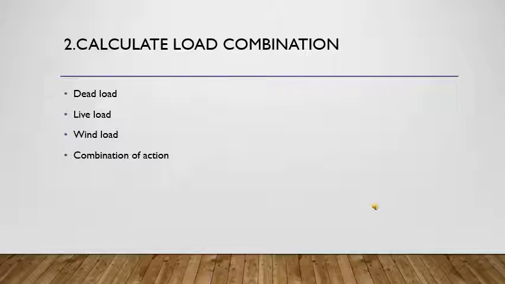The next step is to get a combination of actions according to AS 1170.0 section 2.2.2, finding the most adverse uniformly distributed combination under compression and wind action.